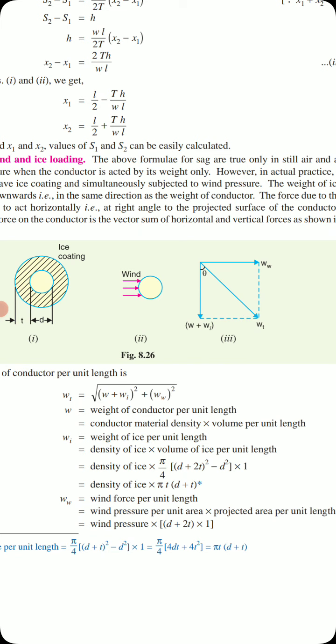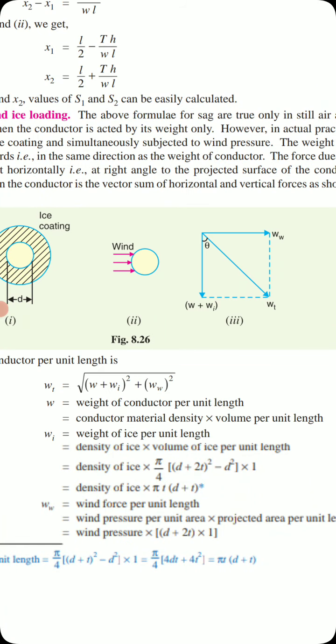Together we can write the weight of the conductor plus ice weight acting downwards, that is w plus wi. w plus wi is nothing but the weight of the conductor plus the weight of the ice, which acts downwards. At the same time the wind force ww acts horizontally. So the total weight is the vector sum of w plus wi and ww.